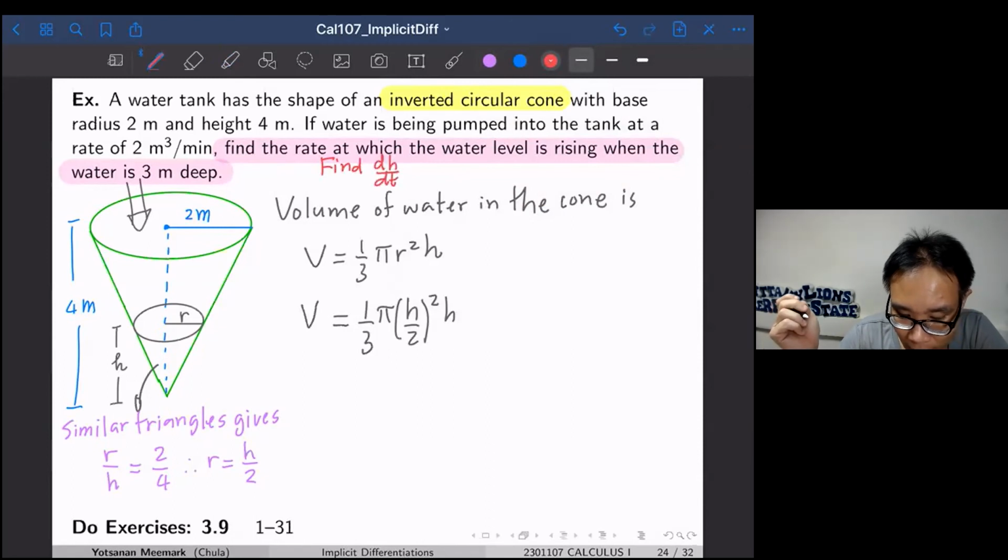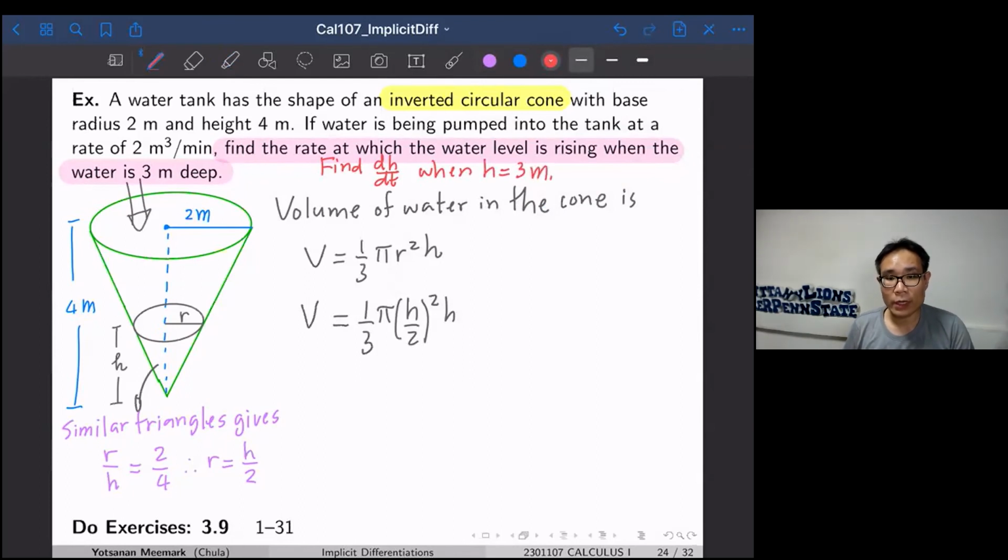So we'd like to know the dh/dt when h equal to 3 meters. The question also gives you that the water is being pumped into the tank at the rate of 2 cubic meters per minute.